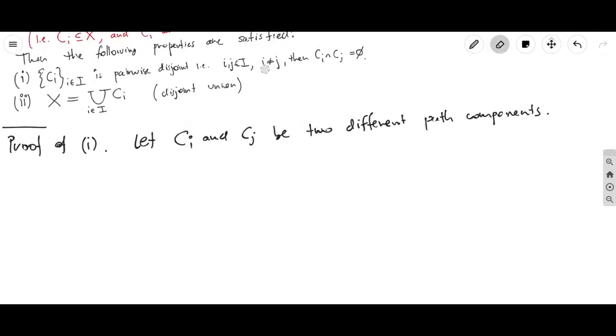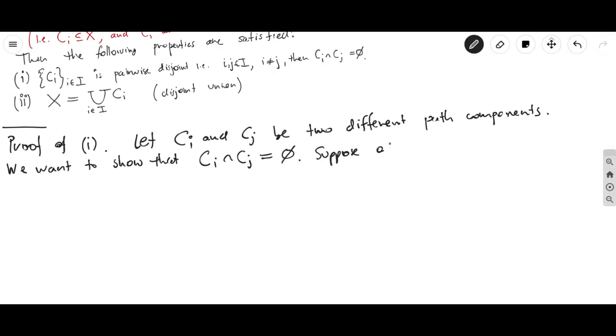Okay, i and j, 2 different indices. We want to show that Ci intersect Cj is empty. So suppose otherwise, so we're going to do a proof by contradiction. Suppose otherwise they had a point in common. So there was something common to both of them.